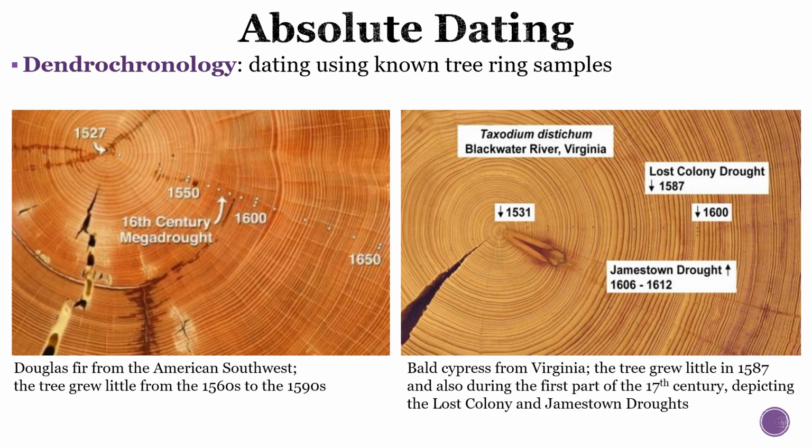Instead, it's showing what's referred to as a mega drought that took place in the region, starting roughly around the 1560s and continuing all the way to the 1590s. And in this case, the rings look like they're blurred. You can barely see them. In contrast, you can see this bald cypress from Virginia. This is a much wetter climate.